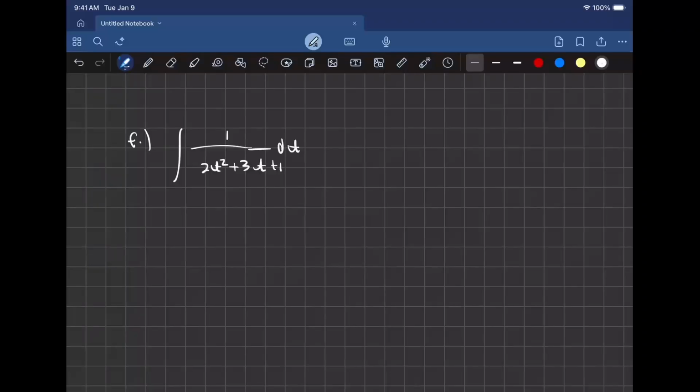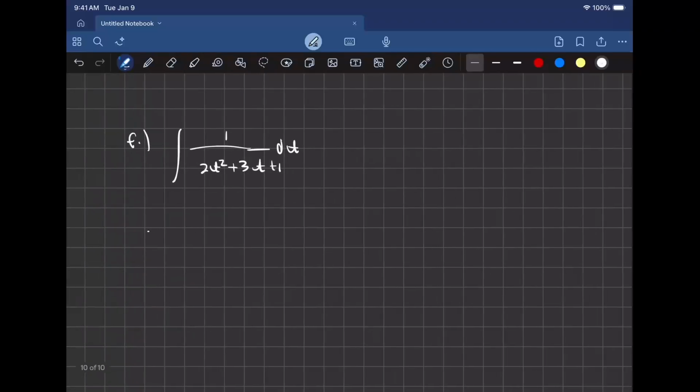Okay, let's do partial fractions on this. So this denominator actually factors really nice. 2t squared plus 3t plus 1 is just the same as 2t plus 1 times t plus 1.